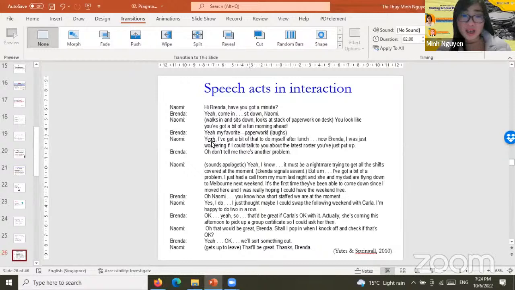Then Naomi says, "I've got a bit of that to do myself after lunch." So again, establishing common ground. Only after doing some preparation work, establishing harmony, solidarity, and common ground, Naomi says, "Now Brenda, I was just wondering if I could talk to you about the latest roster you've just put up."